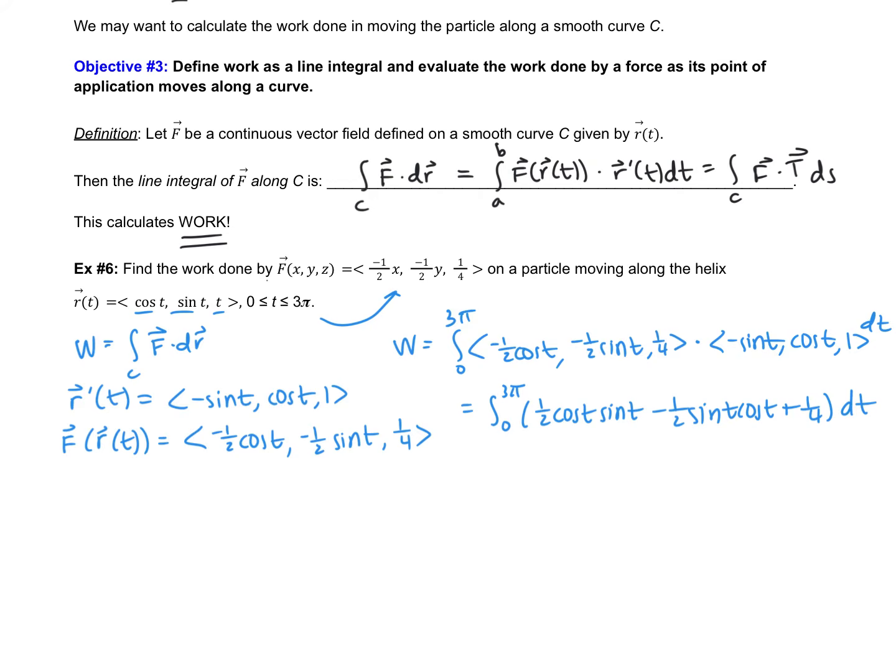How convenient. So those trig expressions are going to drop out. And so this gives us a work of 3/4 pi. And again, that is the work that is done by this vector field, maybe this force field, on moving some particle along this curve.